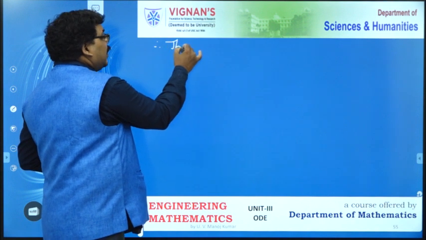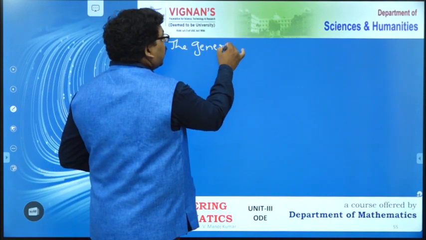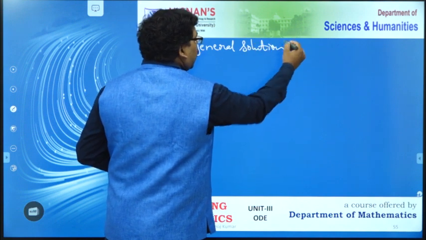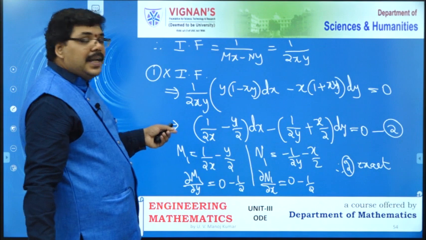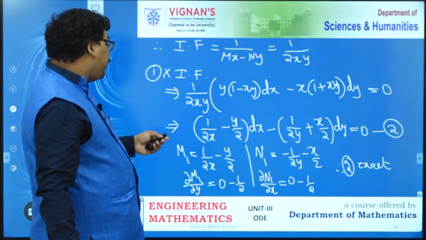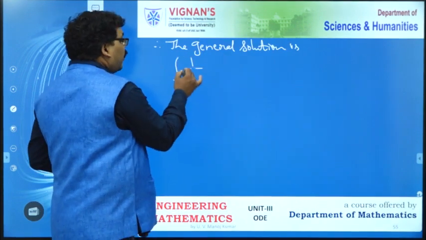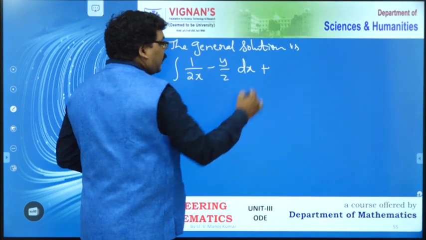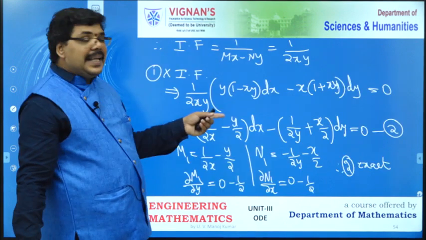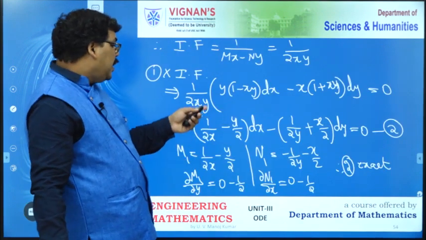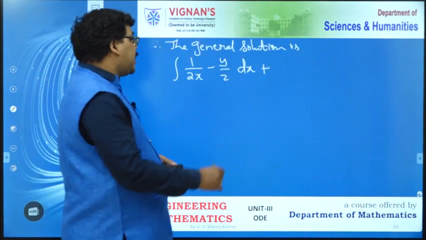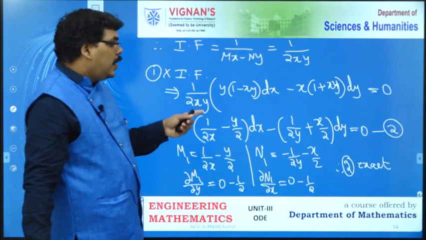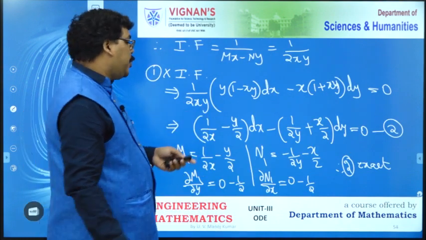Therefore, the general solution is integral M dx, integral (1 by 2x minus y by 2) dx plus integral N dy, minus of (1 by 2y plus x by 2) dy.